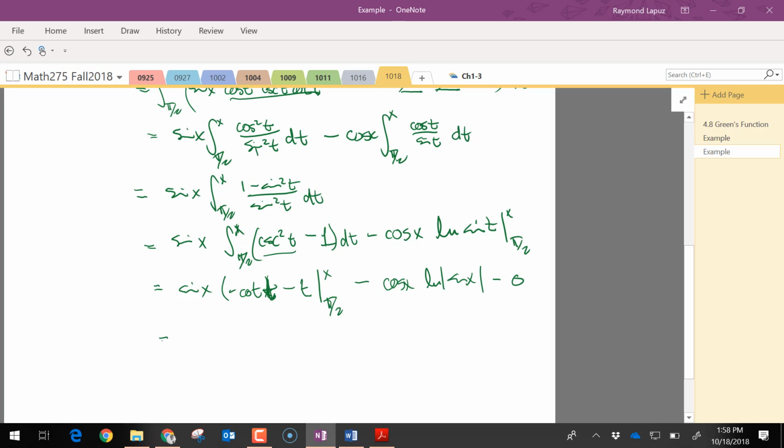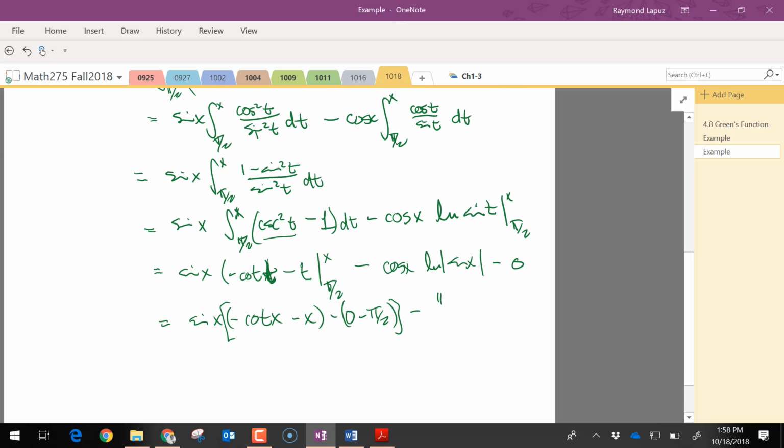So now we just need to put in sine x times negative cotangent x minus x minus cotangent, which is cosine over sine. The cosine of pi over 2 is 0. And then that's pi over 2. And then we got the rest of this stuff here. And so we just distribute.